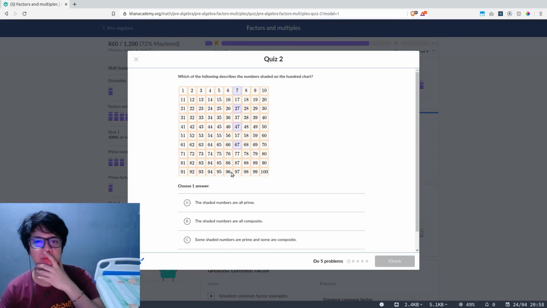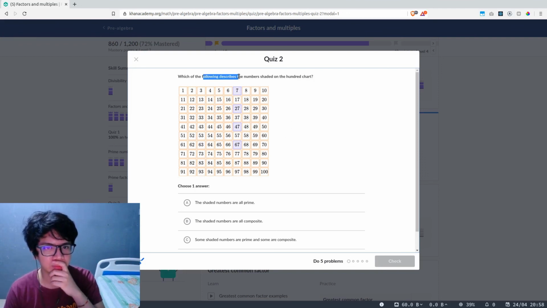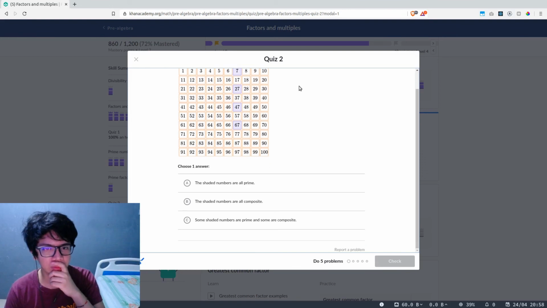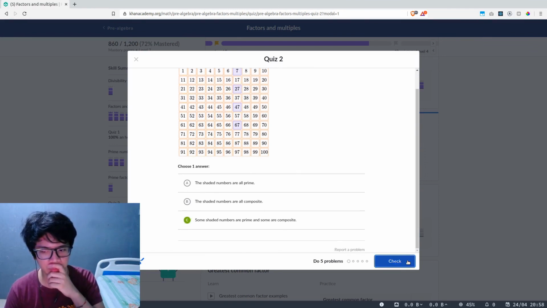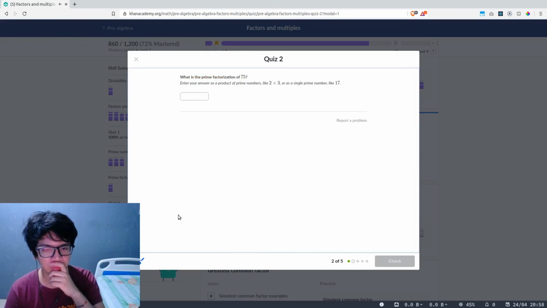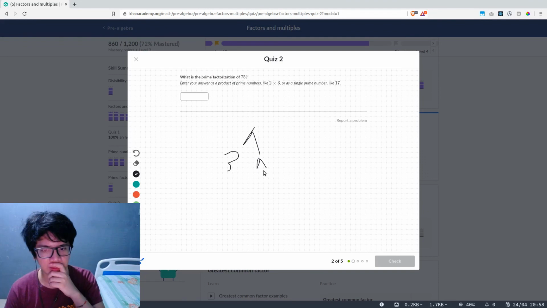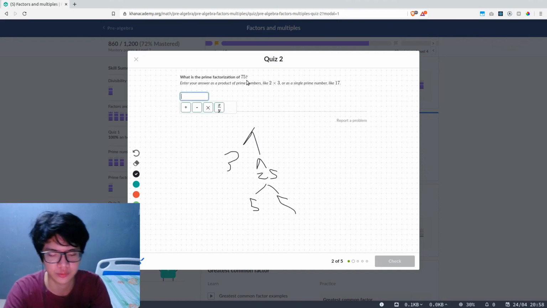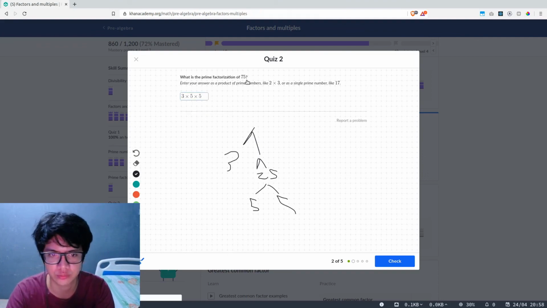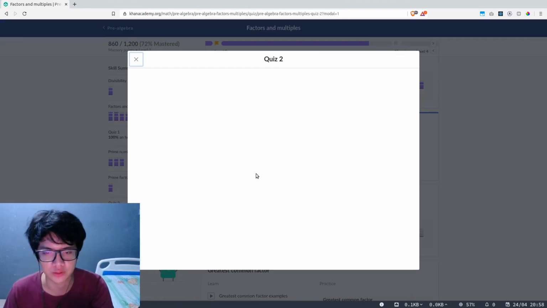We should be following describes the numbers shaded on the 100 chart. 7's prime, 7's not prime. Now 3, 25. We have 5 and 5. Okay. What the heck?